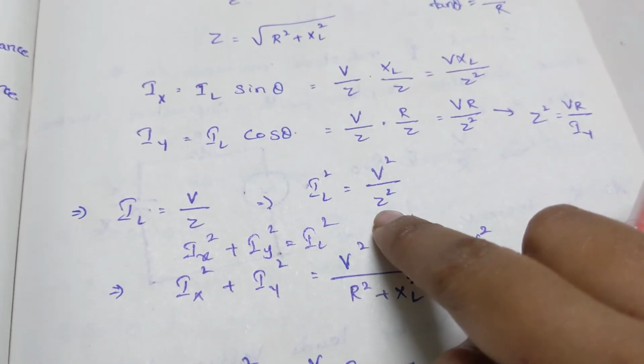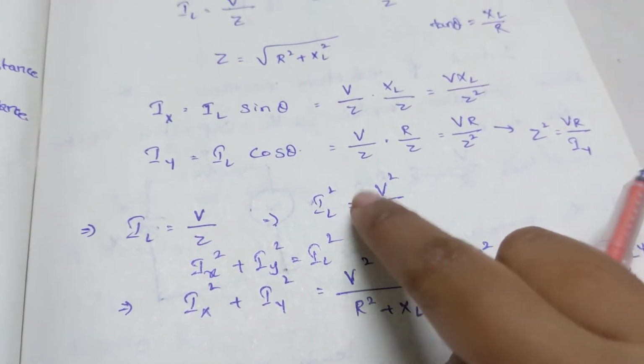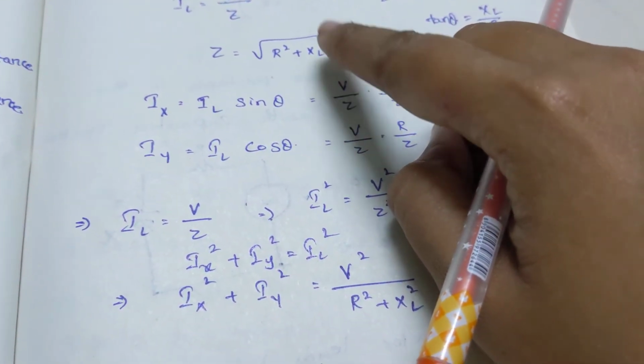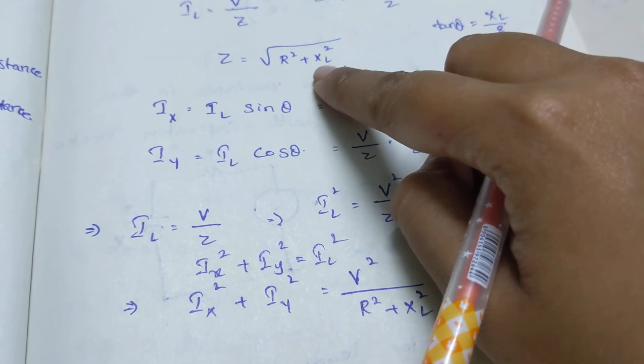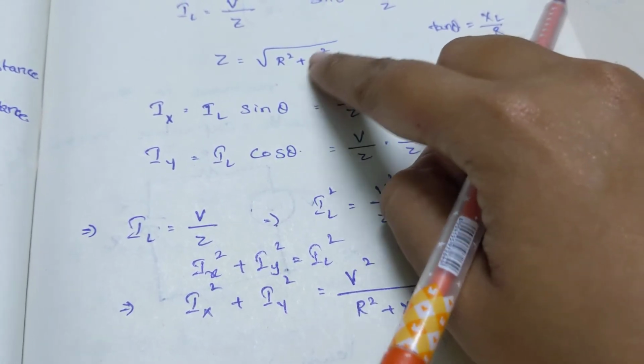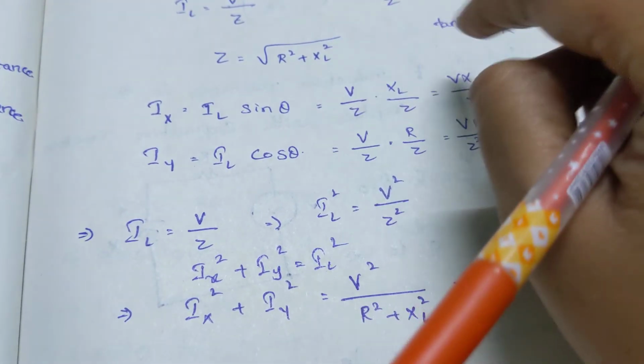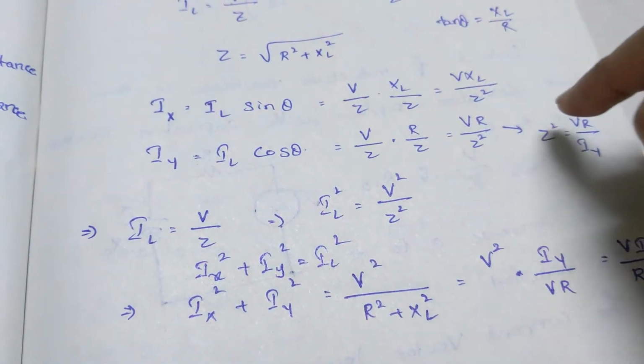If I want to replace Z square, either I can go for R square plus XL square. But here the main condition is that XL is a variable quantity, so I can't go with the XL term in my circle equation.